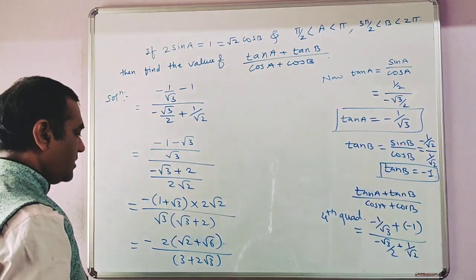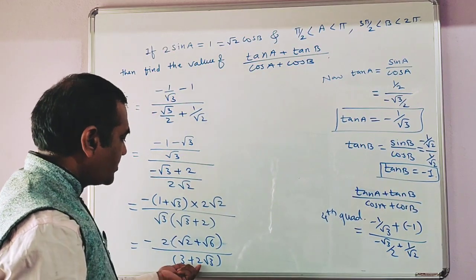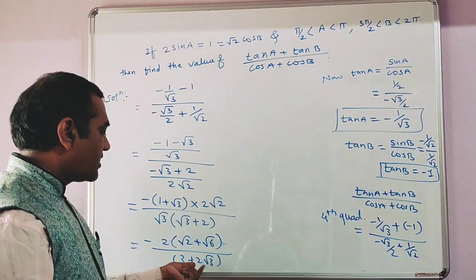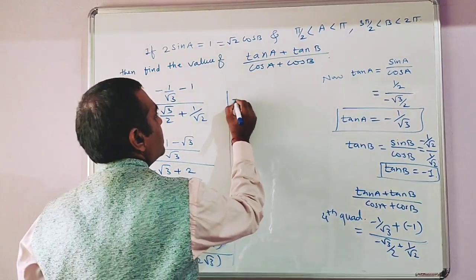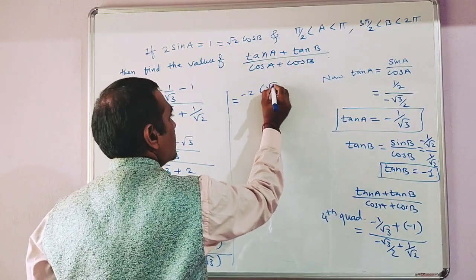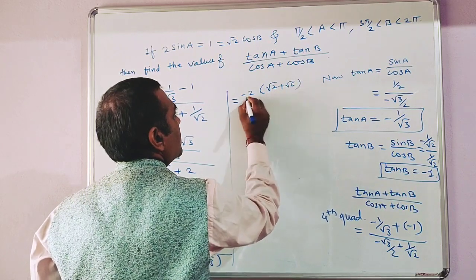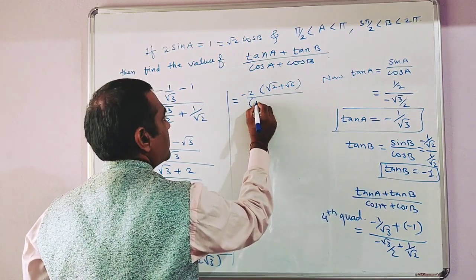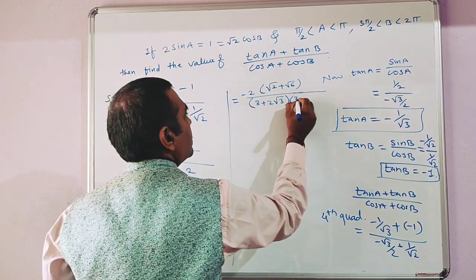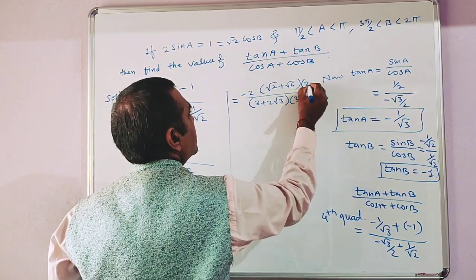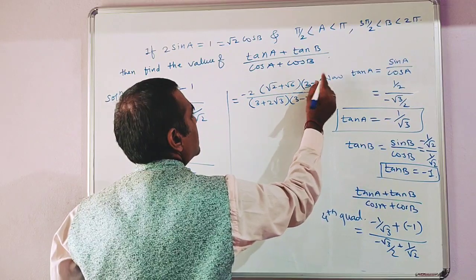Clear? Then you can use here again 3 minus 2 root 3, the conjugate of this, and simplify: root 2 plus root 6 upon 3 plus 2 root 3 into 3 minus 2 root 3, times 3 minus 2 root 3.